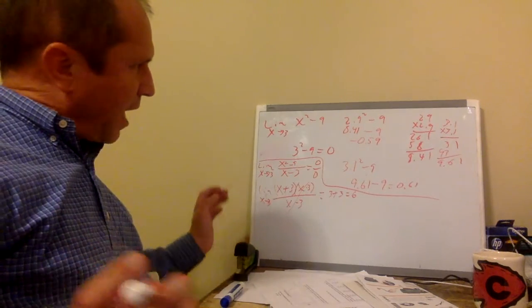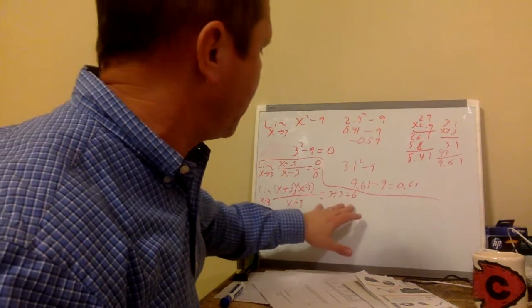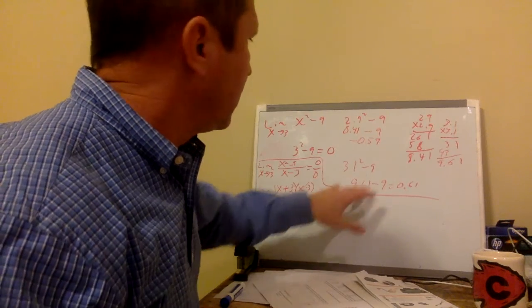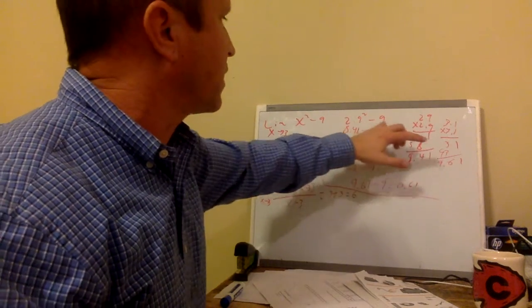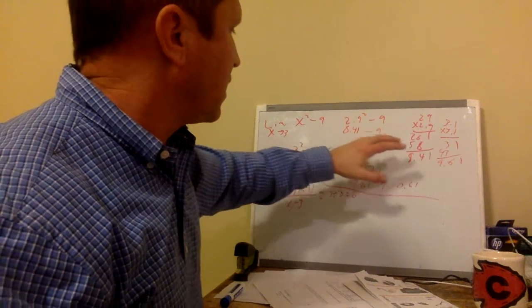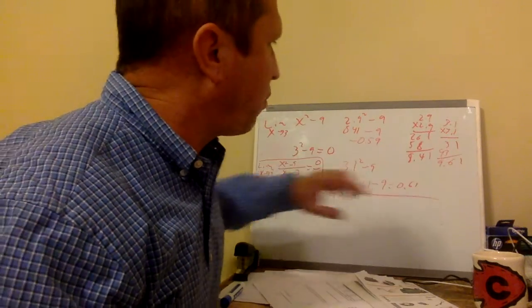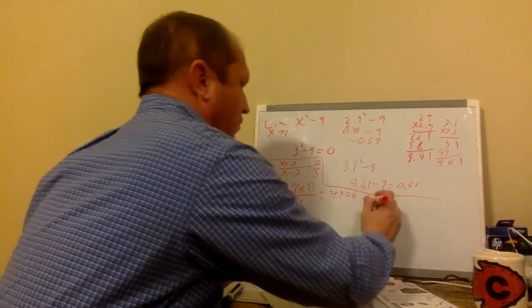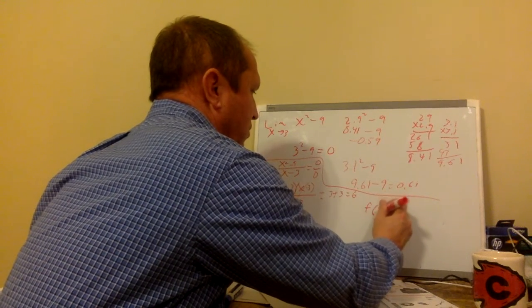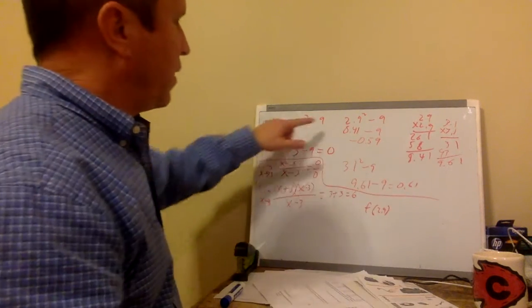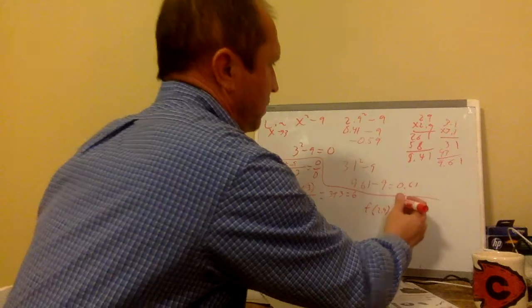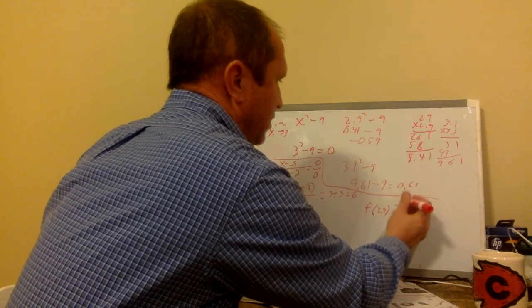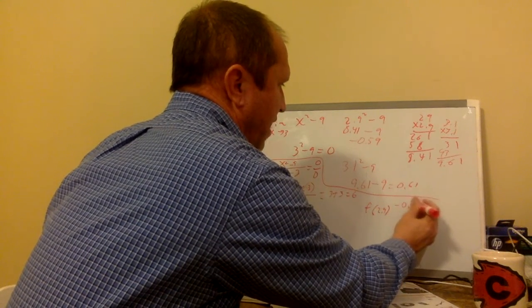Now, I want to go here. I want to take this little bit of information right here, and let's think about applying it with numbers like 2.9 and 3.1. So, if I want to figure out what f of 2.9 is, well, we know f of 2.9, the numerator is going to be negative 0.59.